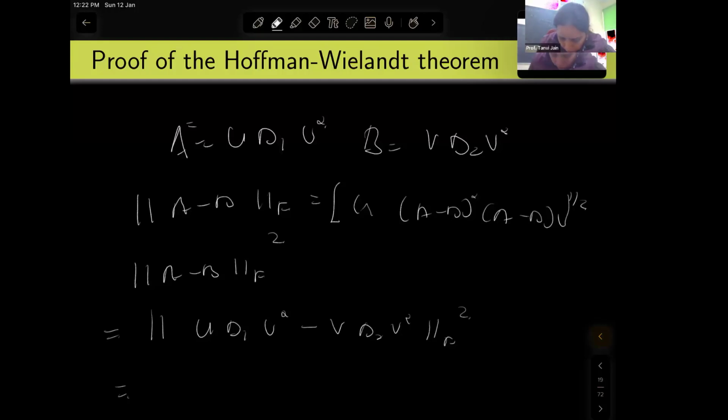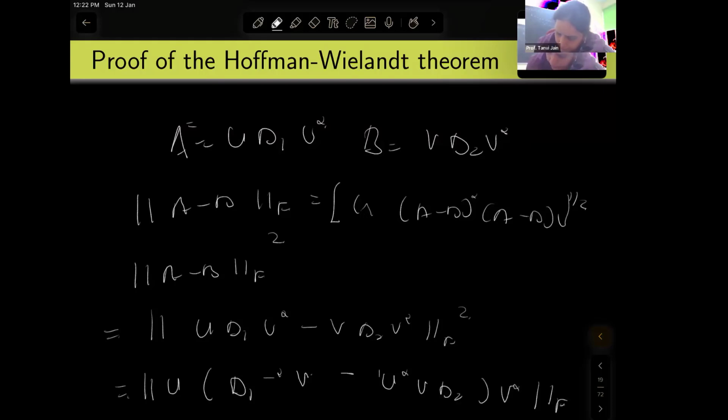Here I can show that this is equal to, taking U outside from the left, D1 U star V minus U star V D2 V star, and taking V star outside from the right.